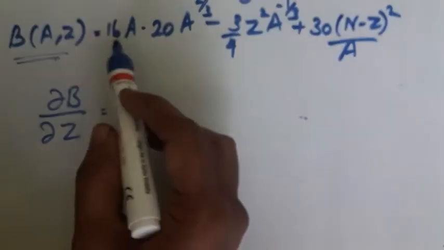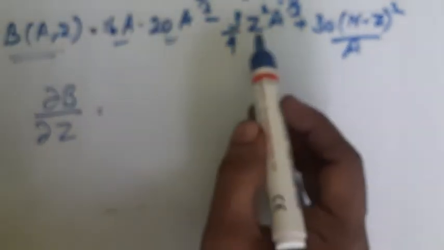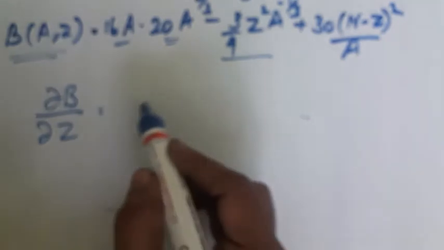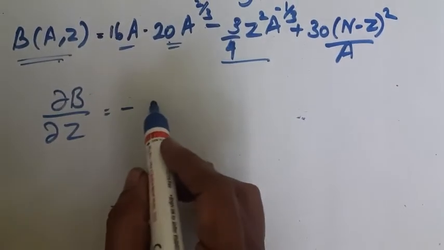So differentiate. Since the first term is independent of Z, we differentiate the third term.